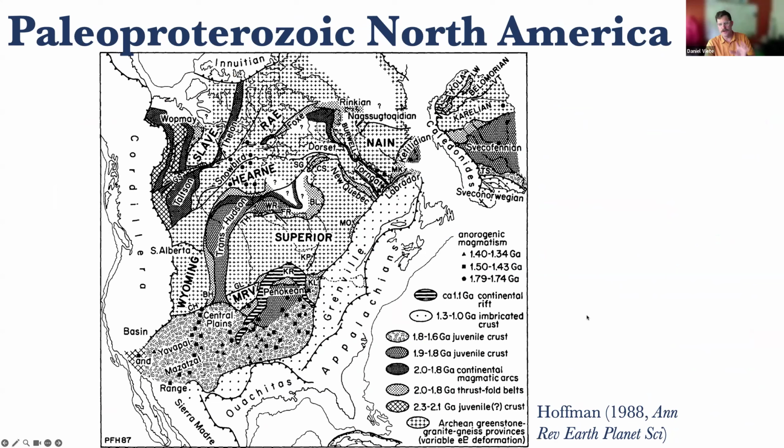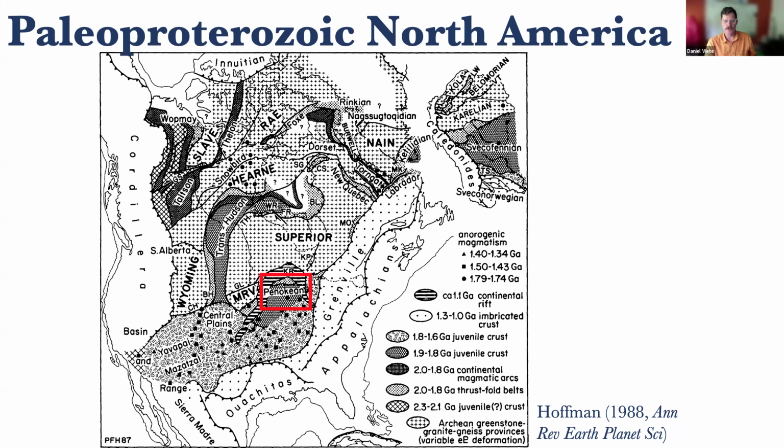I'm not pretending that I'm the first person who has taken this uniformitarian approach to comparing modern systems, as they're understood by geology, to Paleoproterozoic systems. Paul did this fantastically well in this paper. But today I'm using this map just to show the area that I'm going to focus this approach on.